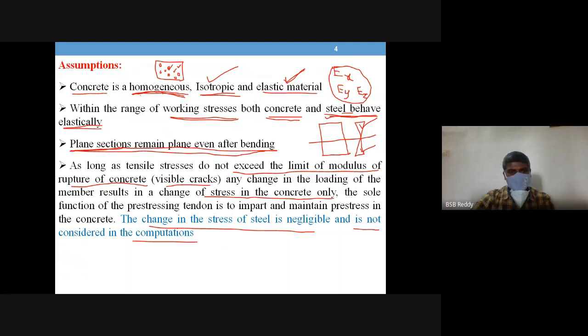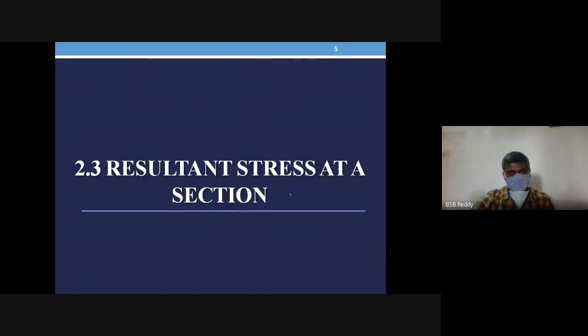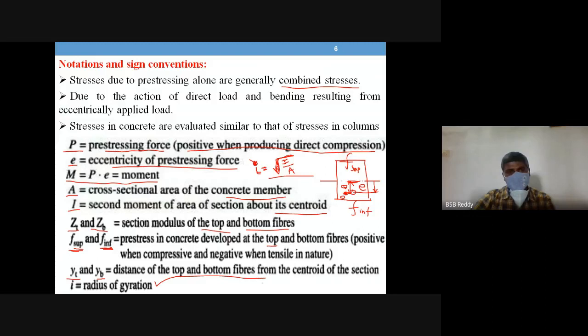They are very simple and majorly well known to you. Materials are homogeneous, isotropic, and elastic, both steel and concrete. Second, plane sections remain plane. Third, any change in stress of steel is negligible throughout this analysis.